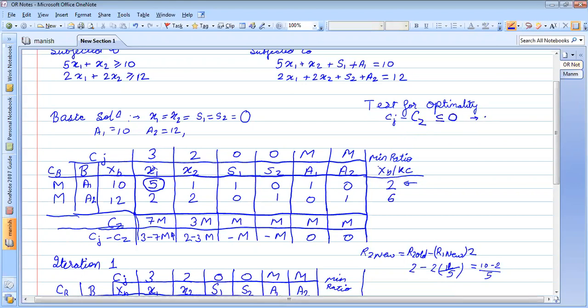This was for maximization, isn't it? So what will it be for minimization? Cj minus Cz should be greater than or equal to 0 for minimization, isn't it?